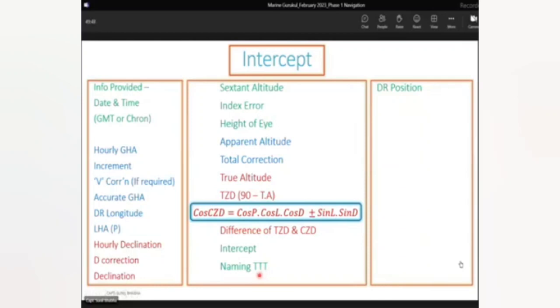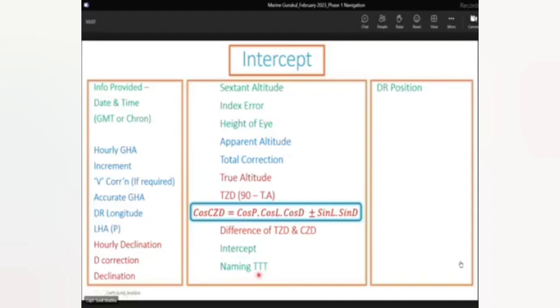First T stands for true. That means the true zenith distance. Second T stands for tiny. Tiny means smaller. And the third T stands for towards. So true, tiny, towards.